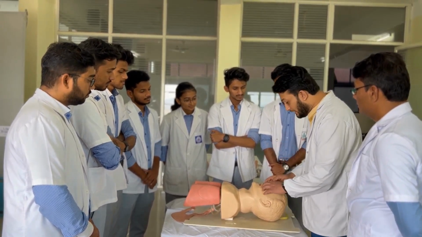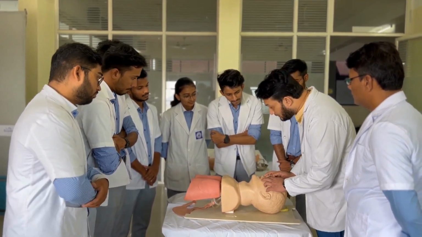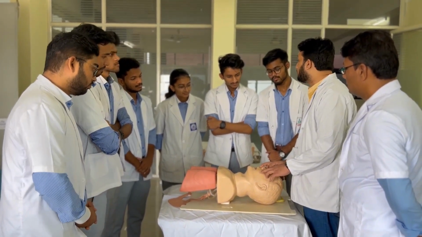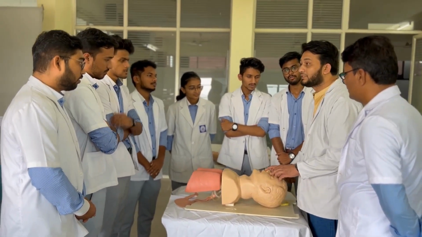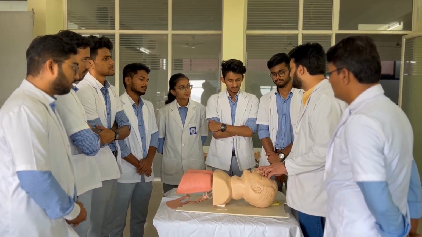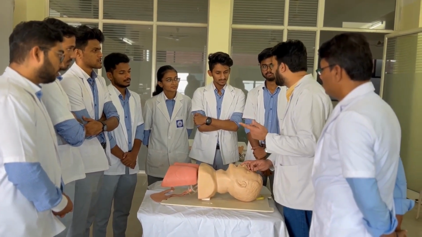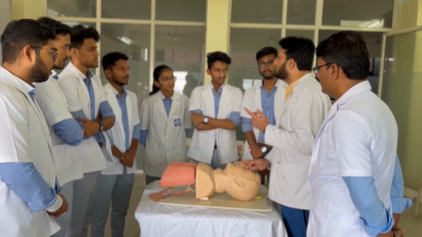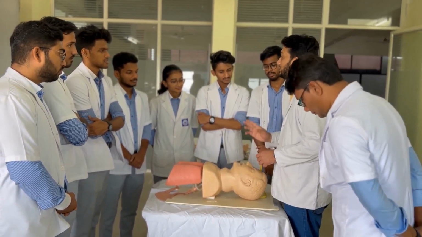We can easily see the dimensions of the wound. The depth of the wound is roughly about 0.1 centimeter. So the length, width and depth is 3 centimeters by 0.2 by 0.1. So this completes the first part.